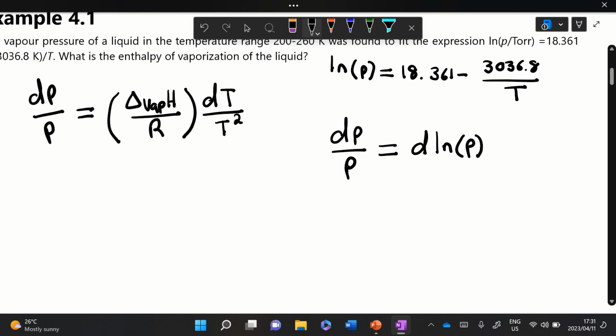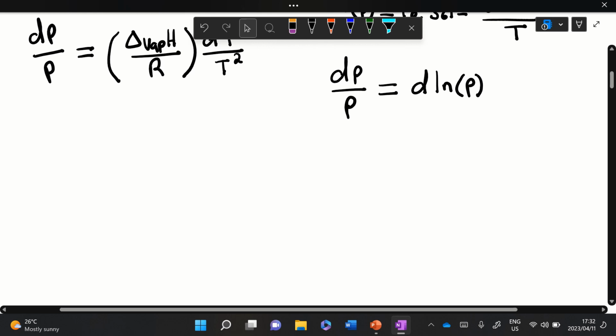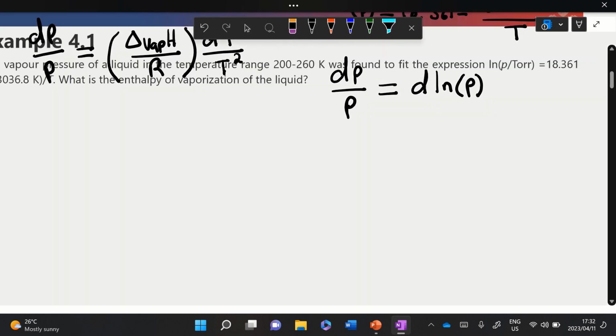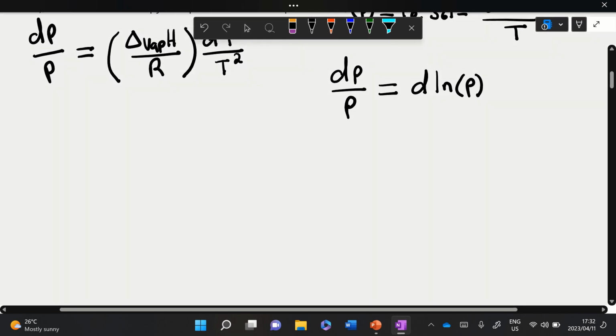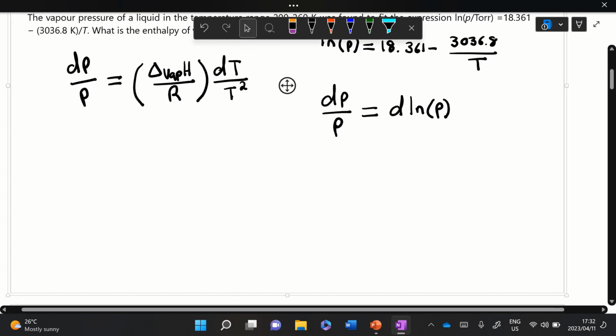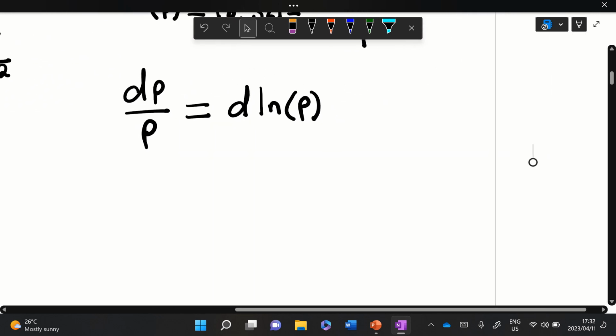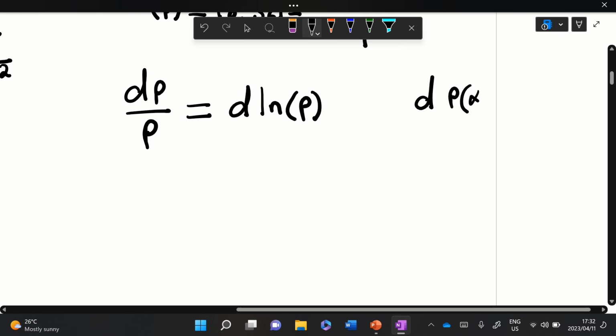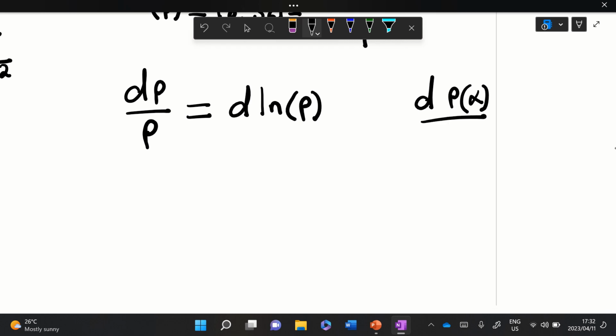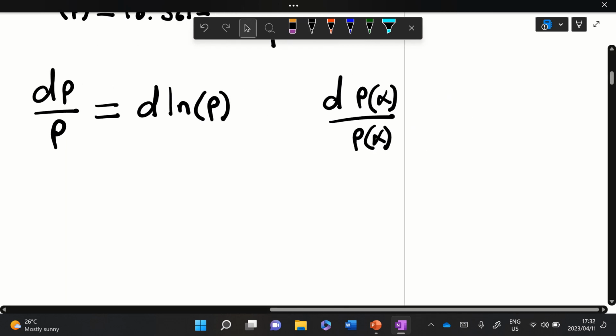But anyway, just to explain why this is what it is. On the left hand side, technically you have dP, and P is some function of some variable.